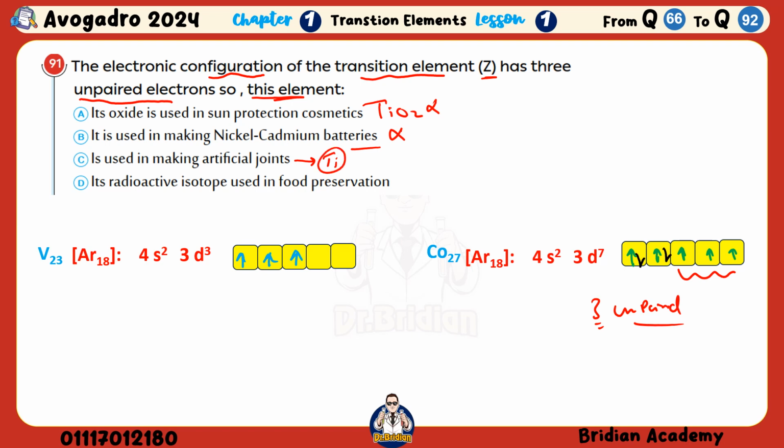It's a radioactive isotope used in food preservation. Excellent, it refers to cobalt 60, one of the isotopes of cobalt. So the element will be cobalt 27, not vanadium 23, and the correct choice is letter D.